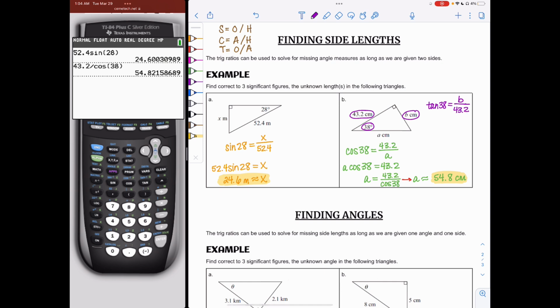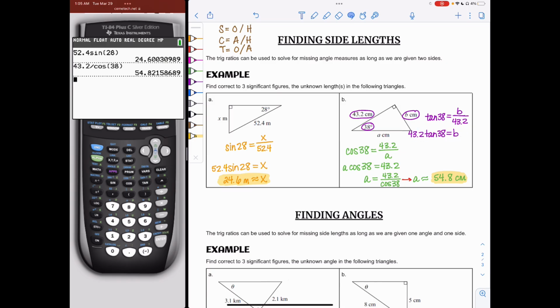In order to solve, I need to multiply both sides by 43.2. So here I'm going to have 43.2 times the tangent of 38 is equal to B.